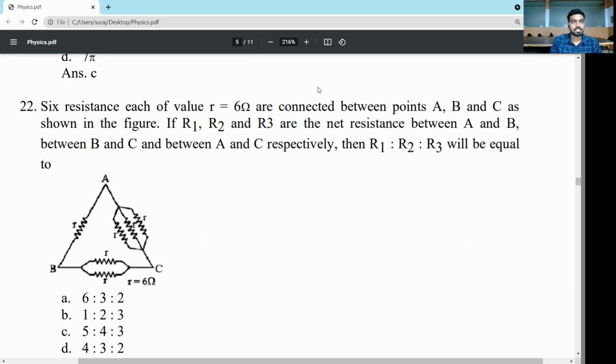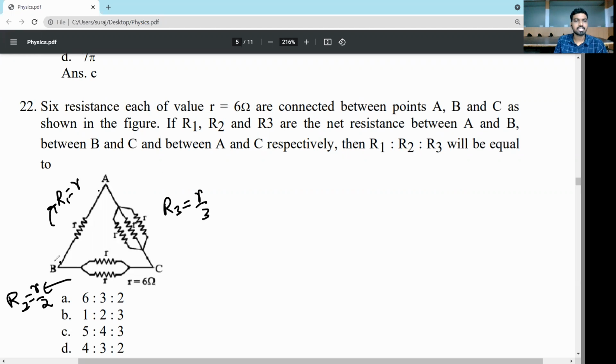R1, R2 and R3 are the net resistances. Between A and B, this is R1 equal to R only, no? R2, net resistance between B and C, this becomes R by 2. And A and C, this becomes R by 3.